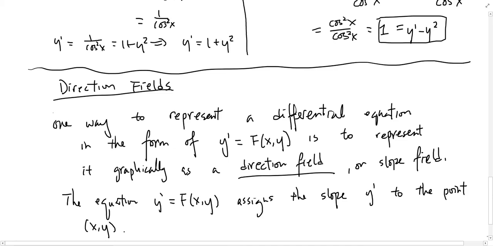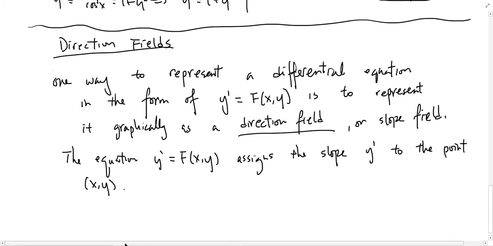And so this association allows us to graphically represent this as what we call a slope field, by generating each point on the graph and showing what the slope is at that point. So in this way, using this assignment to assign a slope to a given point, you can basically use the assignment as a short line segment.